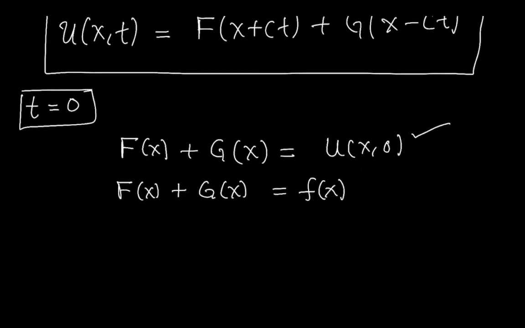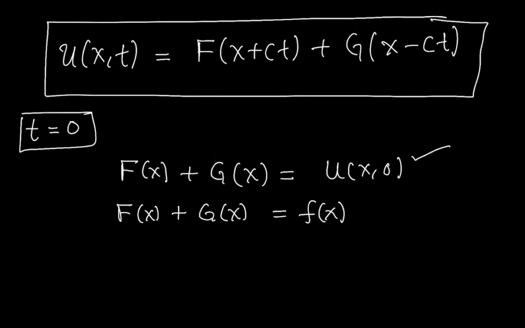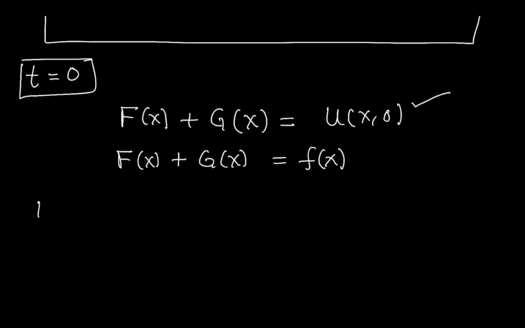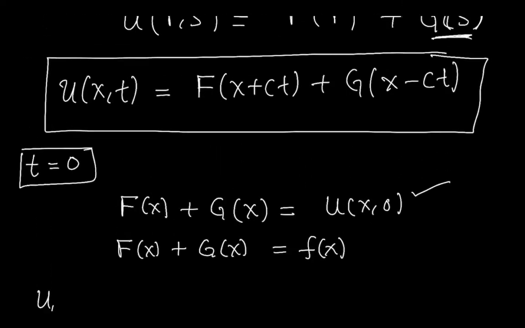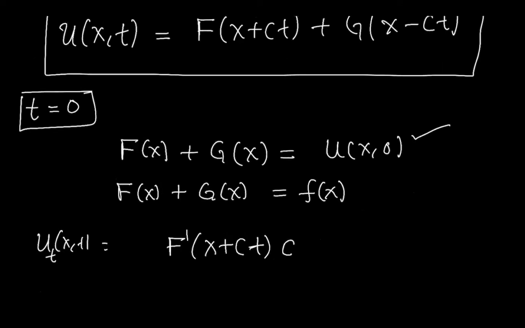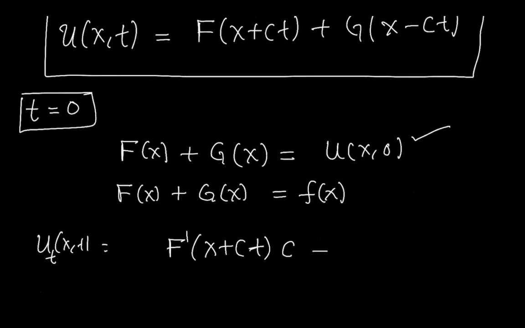If you take the derivative with respect to t and then set t equal to 0, let's see what you get. If you take the partial derivative of this function with respect to t, it is going to be F prime of (x plus ct) times the derivative of the inside, which is c, plus G prime of (x minus ct), where the derivative of the inside is minus c.